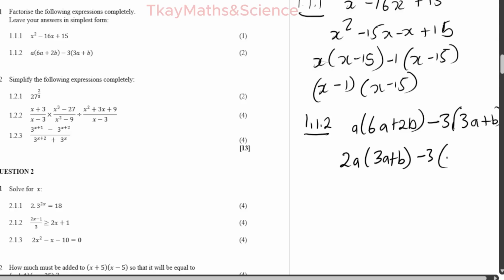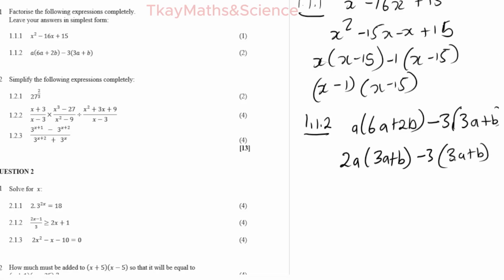Okay, so now it's gonna be what? 3a plus b. So this bracket and this bracket are the same, so we can put this one in a bracket. So that's 2a minus 3. Then this bracket again, 3a plus b. Okay, so that goes for the first two.